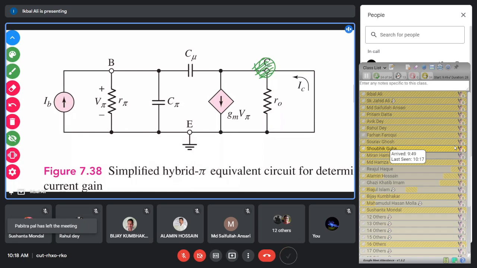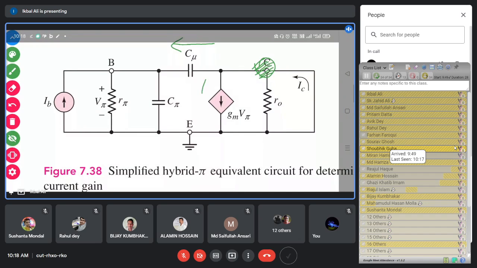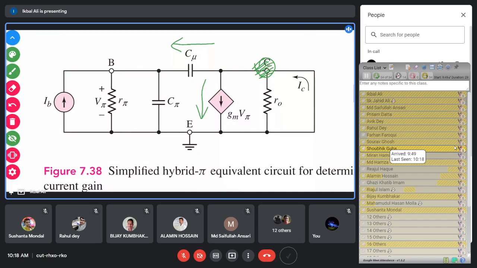So this node has three branches again. One current will flow in this direction through the C mu, another current will flow in this direction, and another current will flow in this direction. So these three currents you have to calculate. Can you calculate this one? Can anybody calculate these currents?